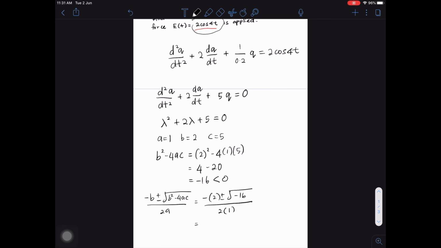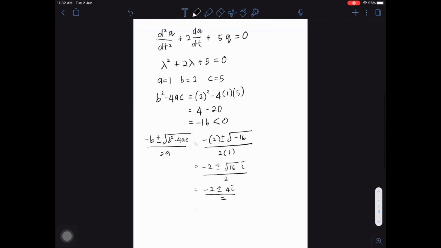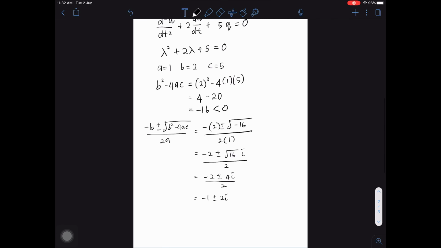What you will have here is negative 2 plus minus 4i over 2. Simplify this fraction and you will have negative 1 plus minus 2i. So now you have your lambda in terms of alpha and beta, where alpha is equal to negative 1 and beta is equal to 2.